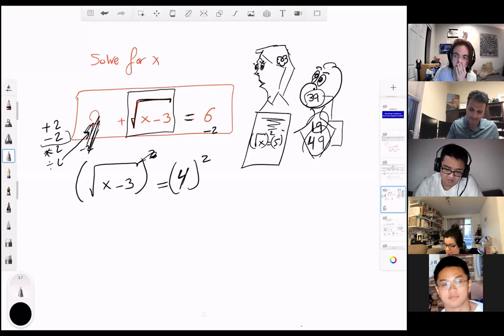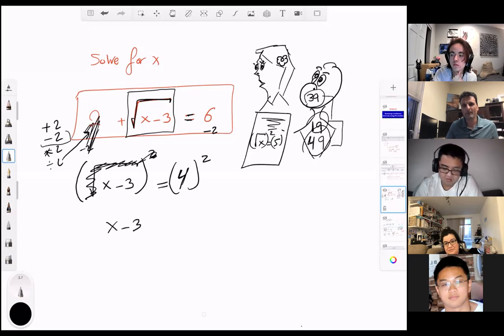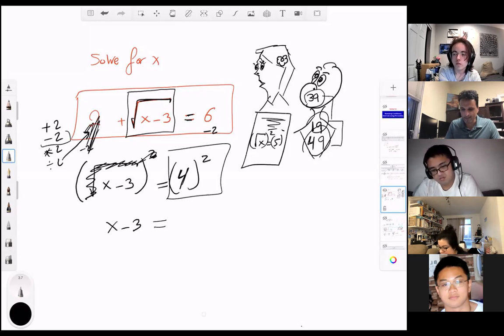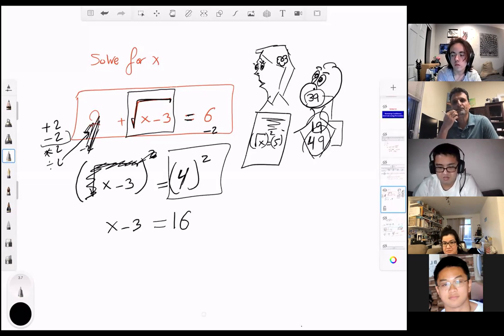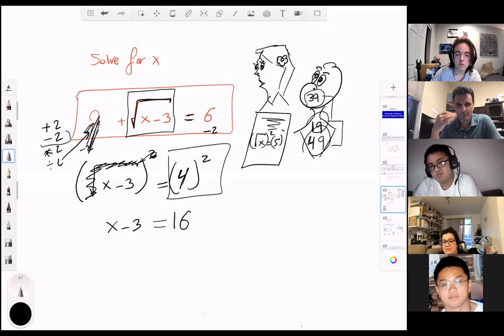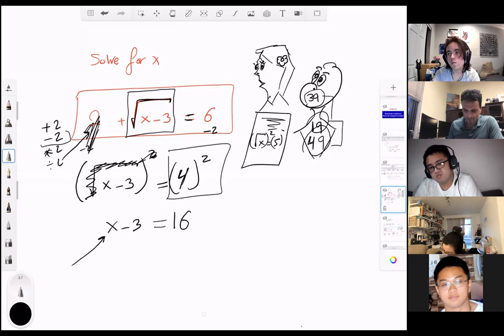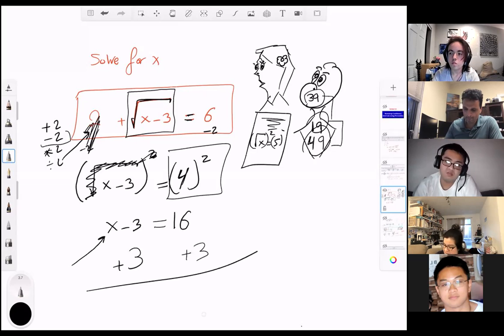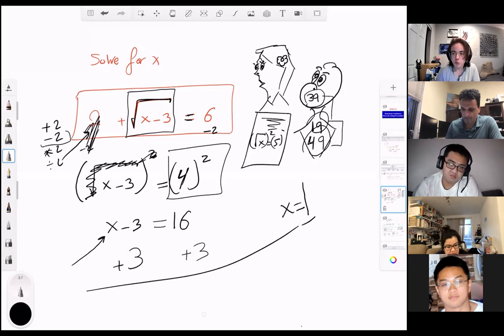The 2 cancels the radical, and x minus 3 will be by itself, equal to 4 squared, equal to 16. You can use a calculator if needed, but 4 squared is 16. Now I have to have x by itself, so I'm going to add 3 to both sides. Then you get x equal to 19.